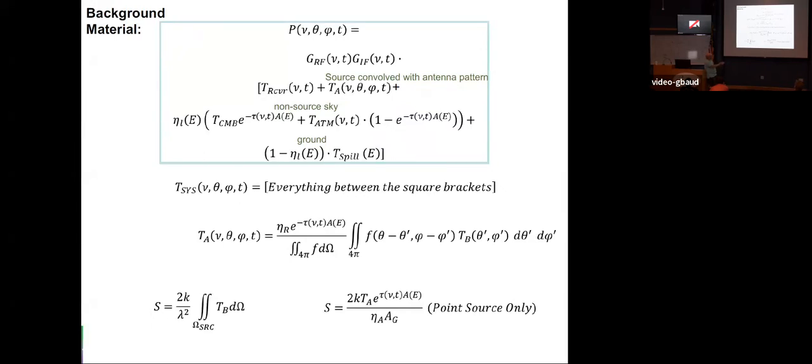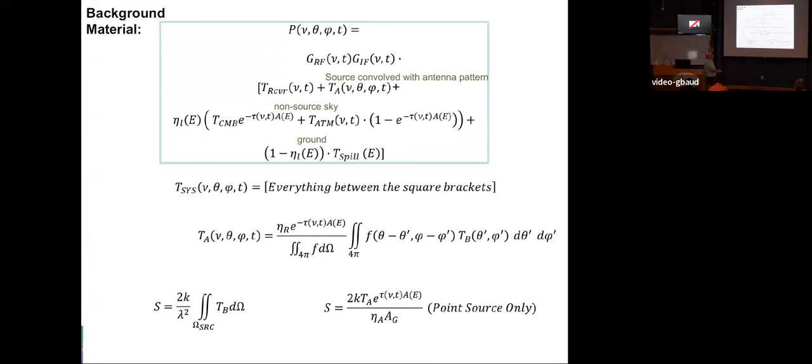So 1 minus this factor here is what you see in the sky, eta L. It's like an efficiency. It's like what fraction do you see on the 2 pi in the sky. So 1 minus eta L is what fraction of the antenna power sees the ground, ground spillover, excuse me.